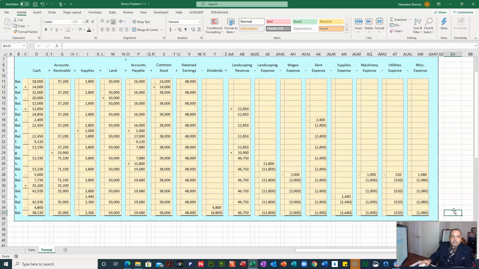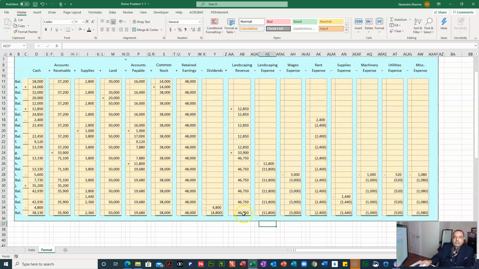That is all you are asked to do. So supposing after these, if you were asked to prepare a financial statement, now you will start with the revenue in the income statement and take all the expenses and put them there. Calculate the net income.